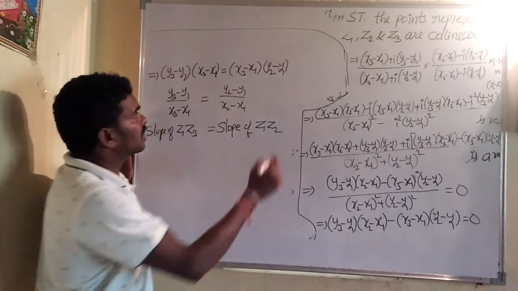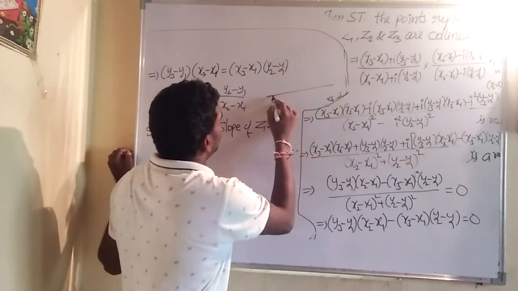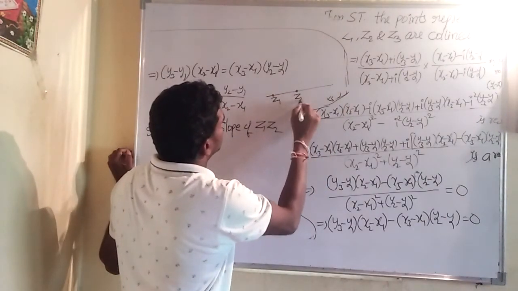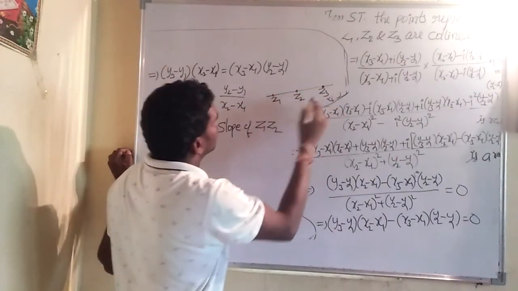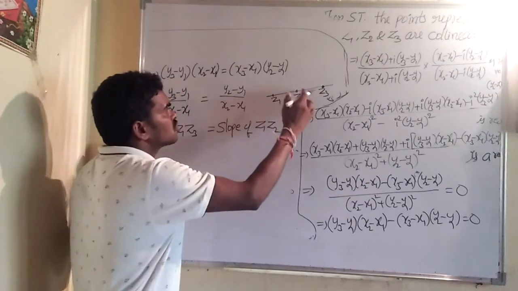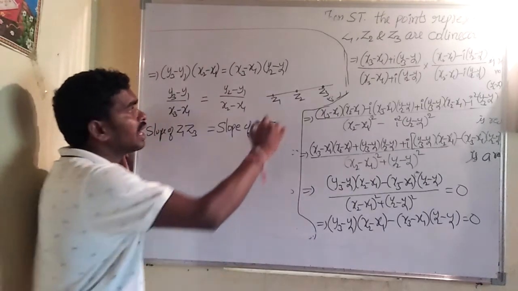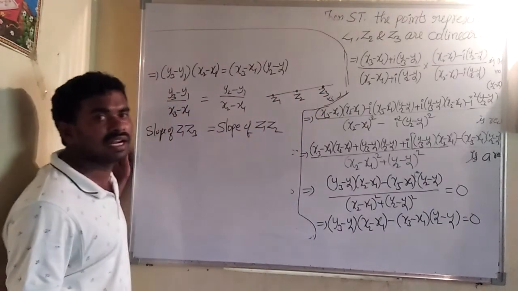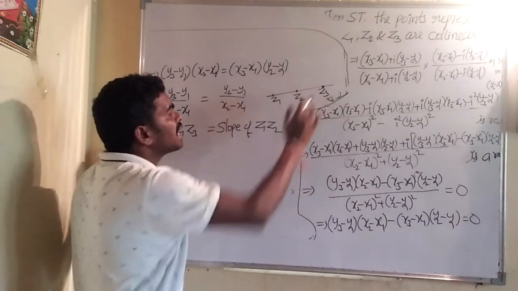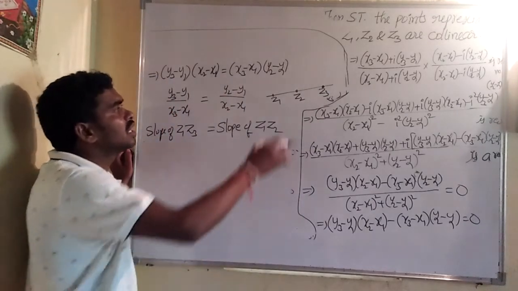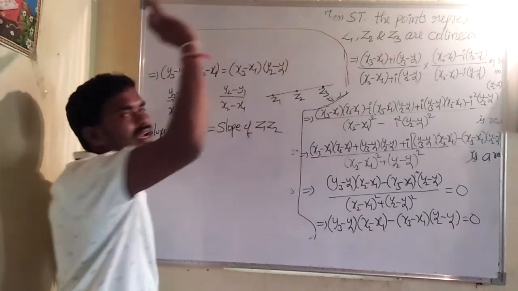Now that means for the three points Z1, Z2, Z3, the slope of Z1, Z2 and the slope of Z1, Z3 are the same. Then we can say the three points are on a single line, that is, collinear. Collinear means they lie on the same line.